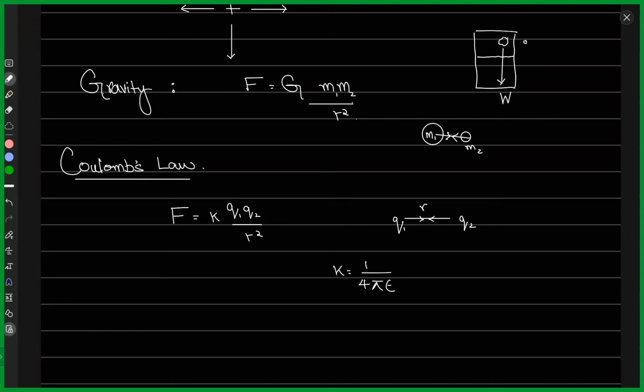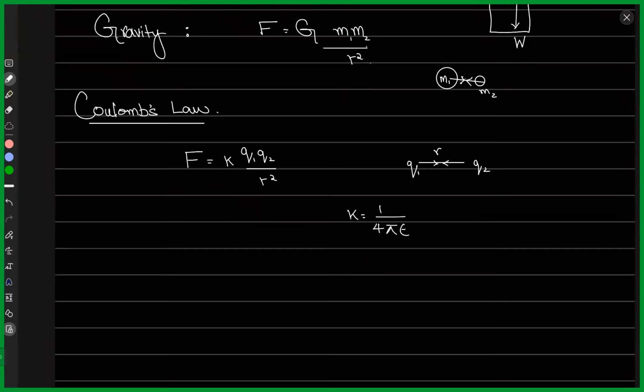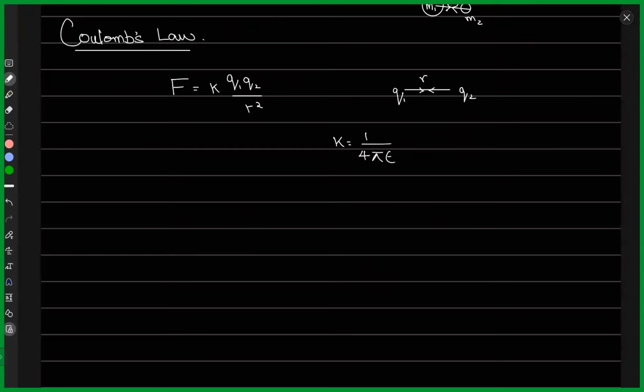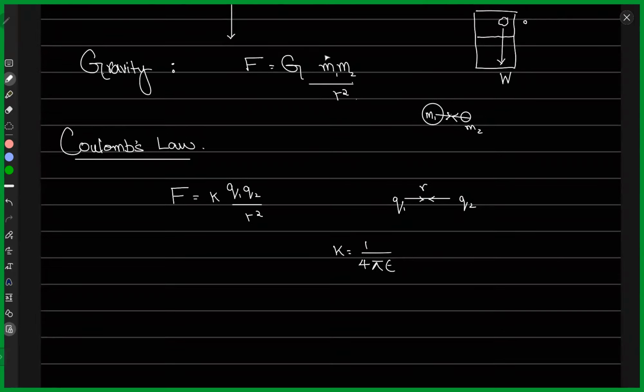The important point for Coulomb's law is that you have to understand when it is applicable. There are some conditions where the law is applicable. As it turns out, it is not the complete description of the electric force, just as this expression for force was not the complete description of gravity.